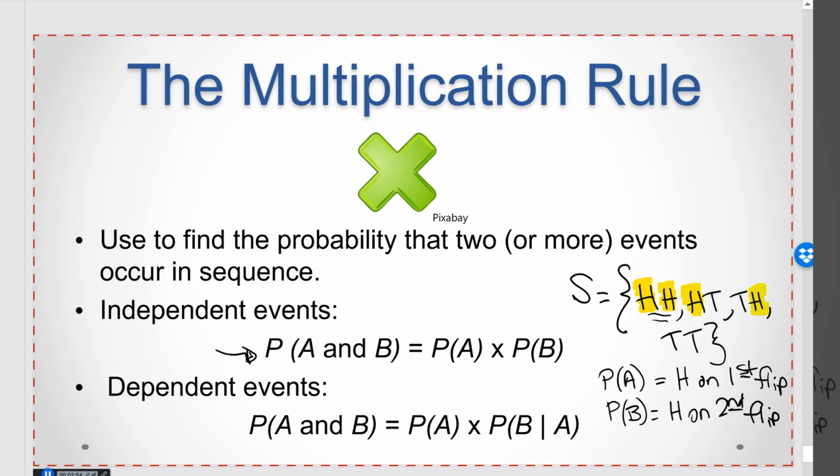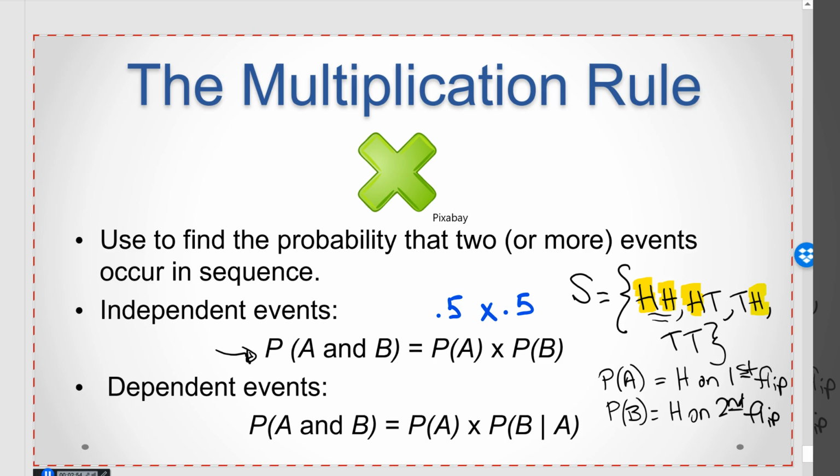Now we take these two probabilities and we multiply them because they're independent events, and we use the multiplication rule. So probability of A and B is equal to 0.5 times 0.5, which gives us 0.25, or 1/4, 1 out of 4, which is equal to 0.25.